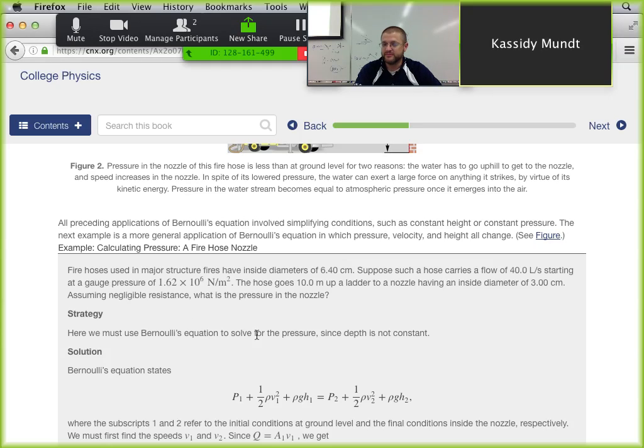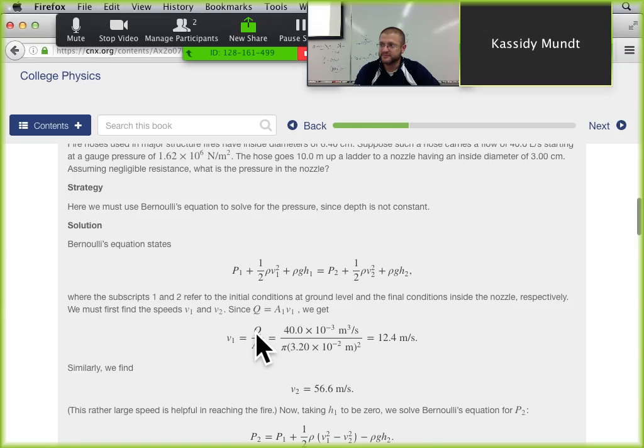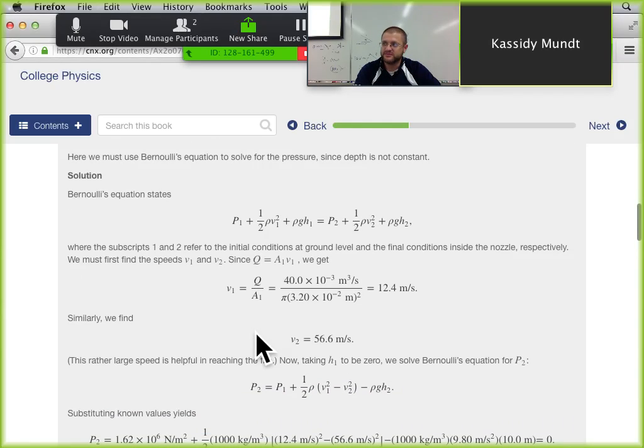So what it's saying is basically when it goes up the hill, it doesn't have much pressure, but it'll have a lot of velocity. It required pressure to get up that hill. The pressure is the potential energy that was able to push it up that hill. When it goes up the hill, it exchanges pressure for velocity.